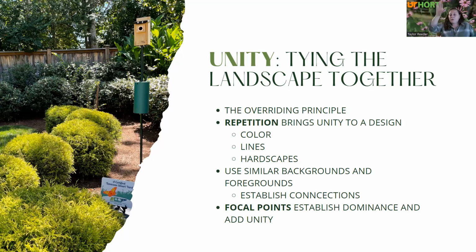And I did purple in one part of our landscape, which is further away from the house, and closer to the house, I put purple as well. And that unified them. Whether it was the same exact plants or not, I had purple from here, here, here. So visually, it was unified. It felt intentional, like I had planned it that way. So using similar backgrounds and foregrounds can help establish those connections from one part of your landscape to another part of your landscape.